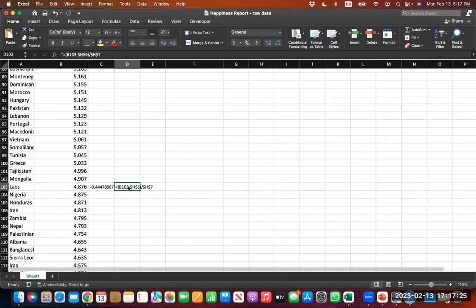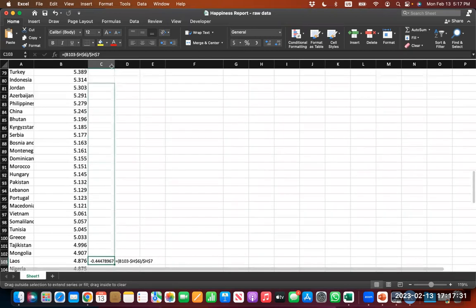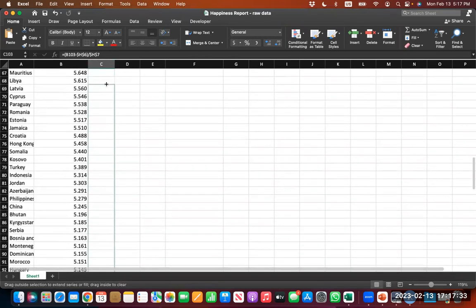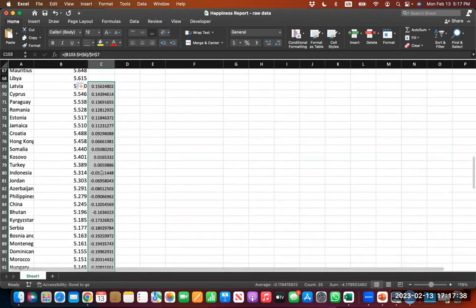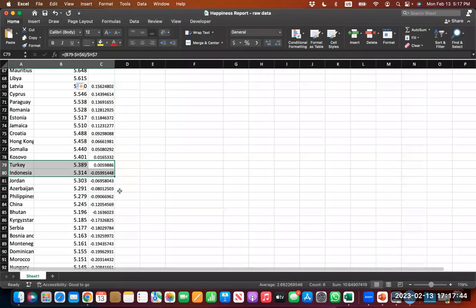So this being said, now I can take this formula and drag it up as far as I want. And what you notice here is that somewhere around Turkey and Indonesia, there's our mean.